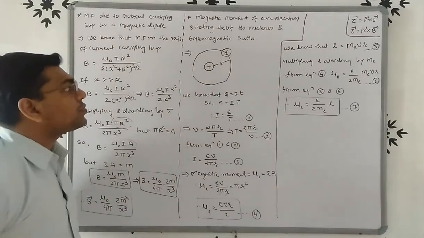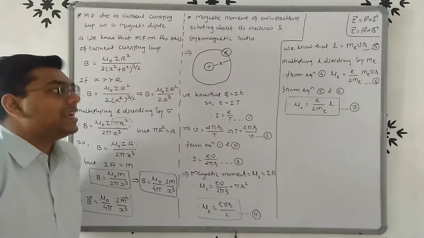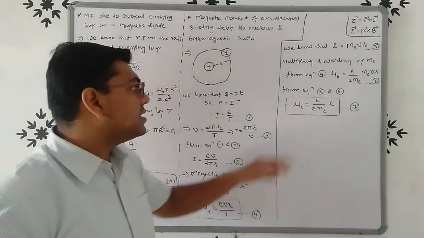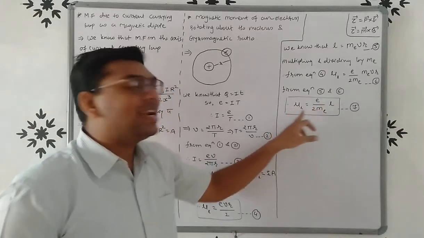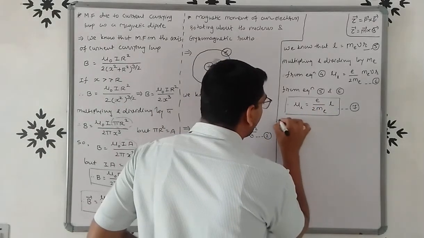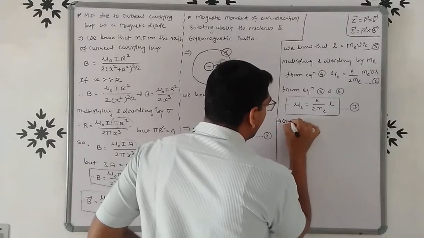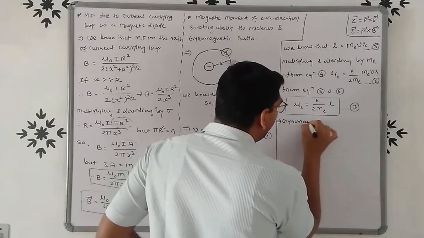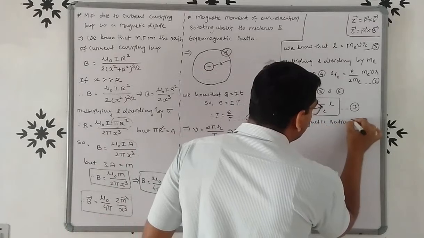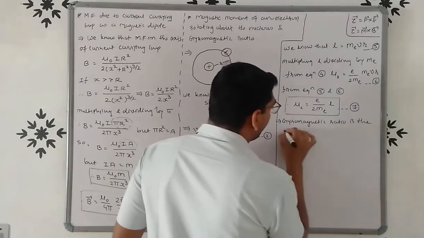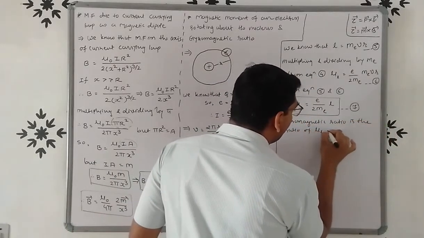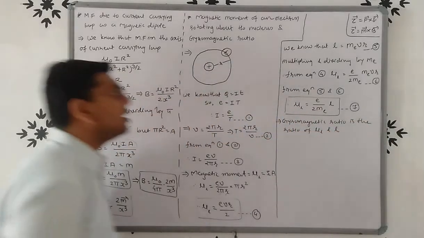Now, what is gyromagnetic ratio? The gyromagnetic ratio is the ratio of mu L, that is moment, and L, right?